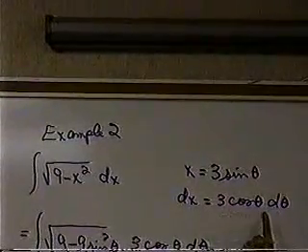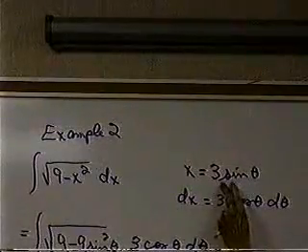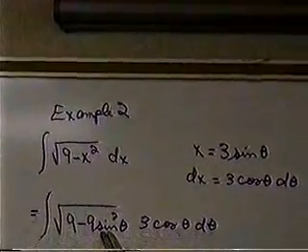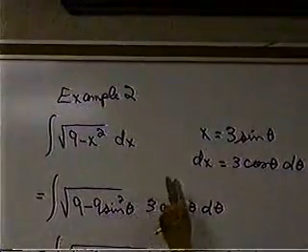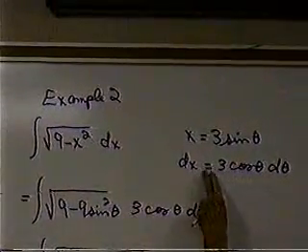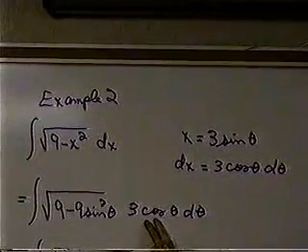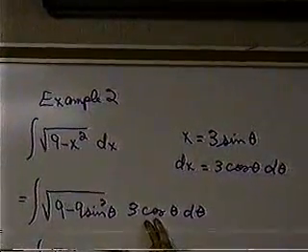Now substitute. So we'll go over here and place the 3 sine where the x is. So we have 9 sine squared. We replace the 3 cosine where the dx is. So we have that. And now we simplify.